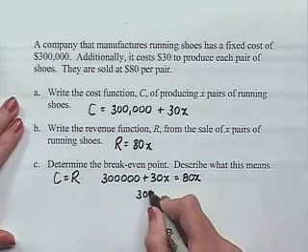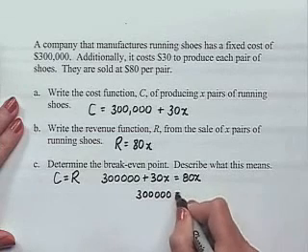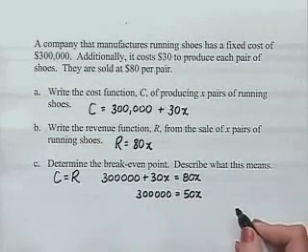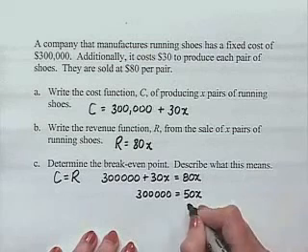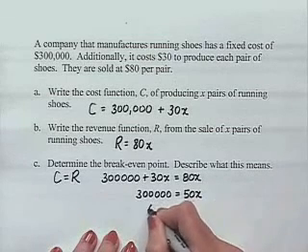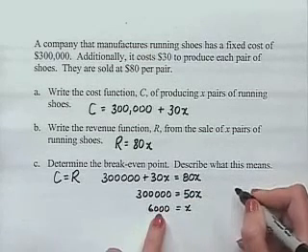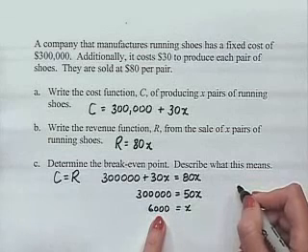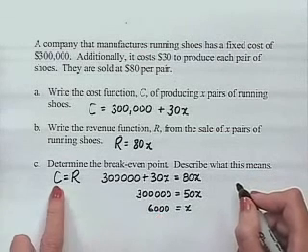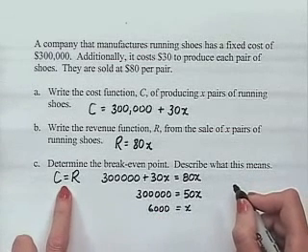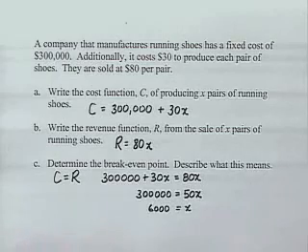That gives us 300,000 equals 50x, and then dividing both sides of the equation by 50 gives us a value for x of 6,000. Now, what this means is that we have to sell 6,000 pairs of running shoes in order for our cost to be offset by our revenue. Or in other words, at that point, we end up having a profit of 0.